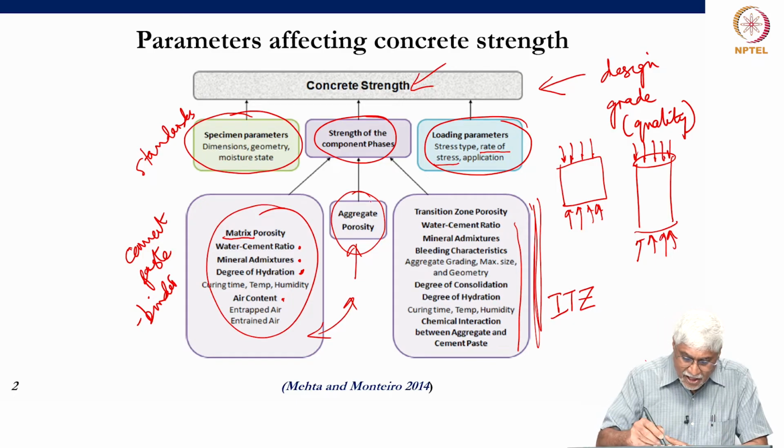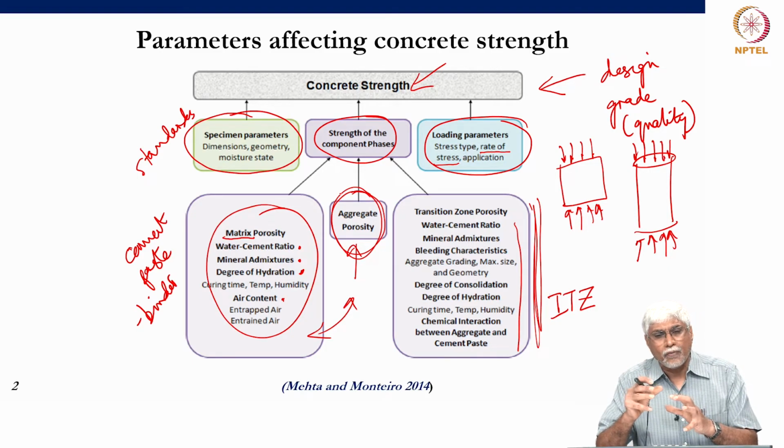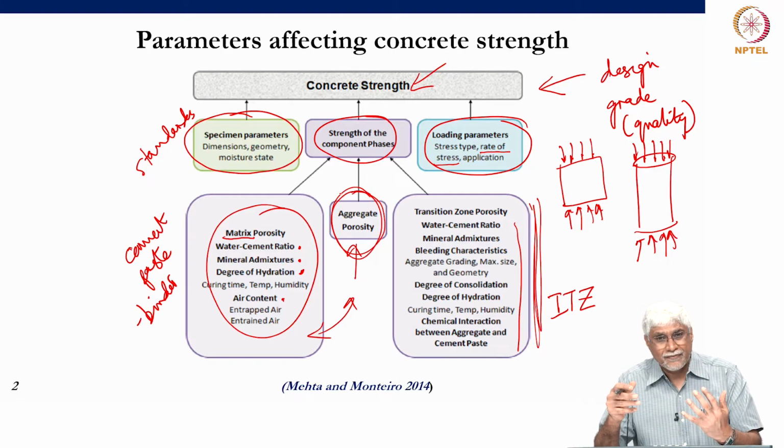This changes both the strength of the aggregate as well as its porosity. Also remember that the aggregate coming from old concrete after we demolish and crush, since it has an adhered mortar layer on it, already has an interface between that mortar and the old aggregate. Now, when we put this into new concrete, we are going to have another interface. So now we have two interfaces.